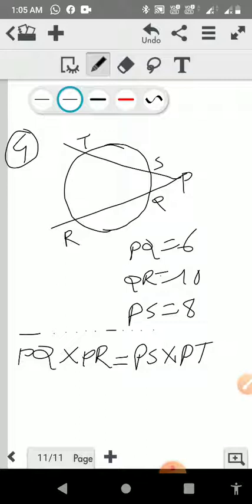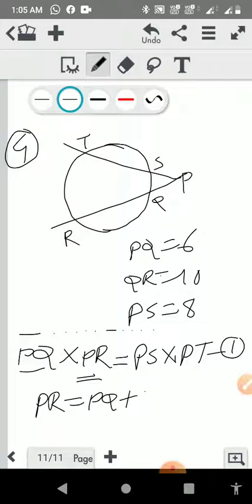Now see, the value of PQ is with us, that is 6 units. The value of PR is not known to us. The value of PS is with us, and PT we have to calculate. Let us say I am putting this as equation number 1. Now PR can be written as PQ plus QR, isn't it?